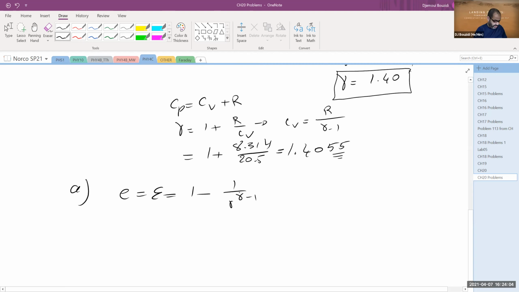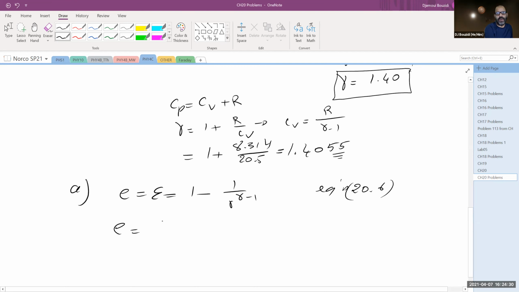If you don't, let me see what the equation in the book is. It's equation 20.6 in the book. Okay, and it's actually part of the summary also. So this is the equation that I'm using, and we proved it in lecture 2. So we know what the efficiency of this engine is going to be then.